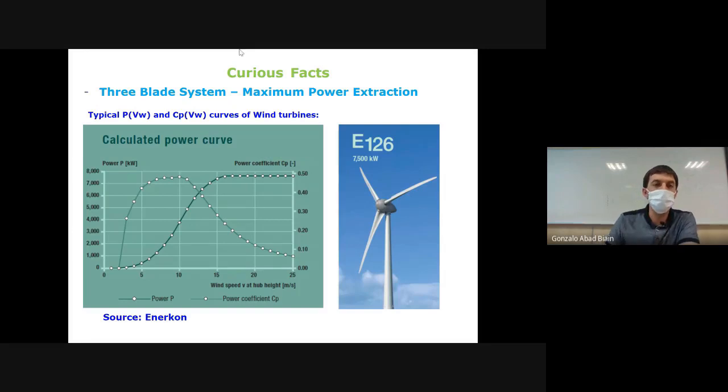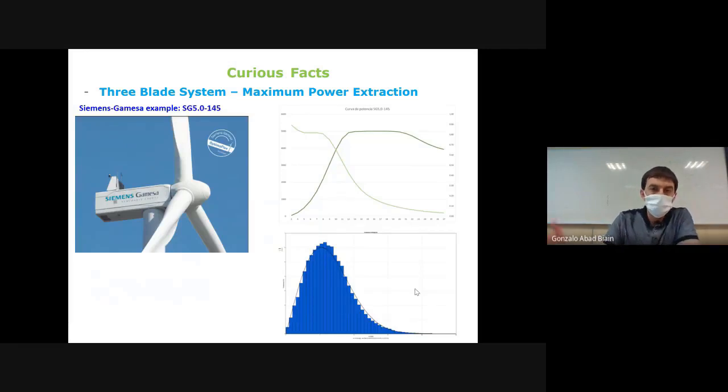You know that normally we have power curves like this from different manufacturers, and this is the CP as a function of the wind speed for different manufacturers. This is something equivalent for a Siemens Gamesa wind turbine of 5 megawatts, the one that is going to be installed in Arcamo, in Álava.